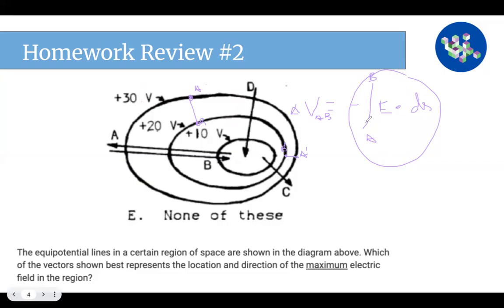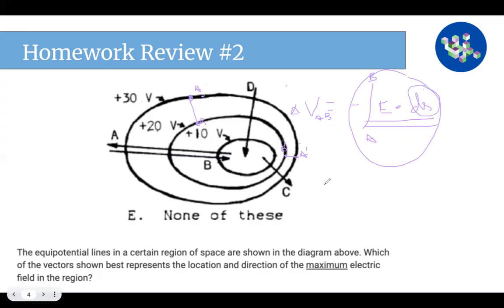Let's look back at this definition. From A prime to B prime, there's the total distance that you're integrating, so you have the ds over here. Let's assume that the electric field is constant from point A to point B and from point A prime to B prime.